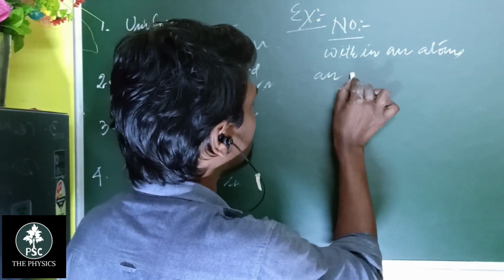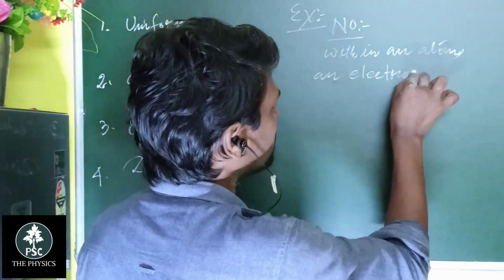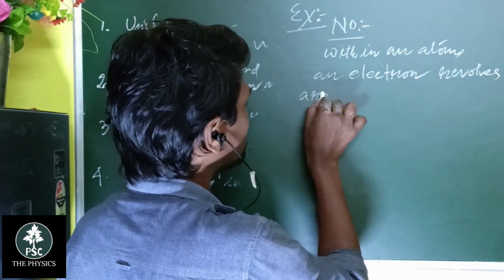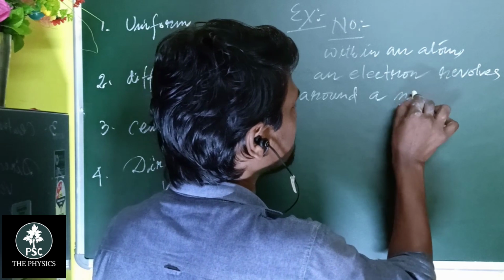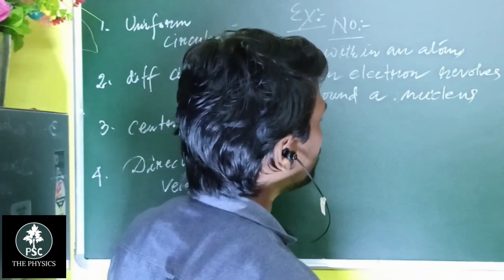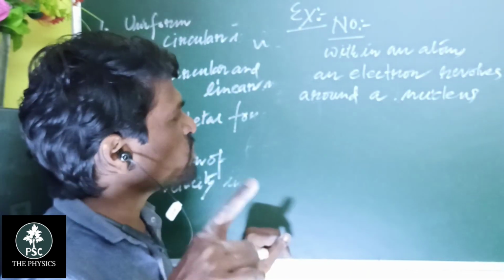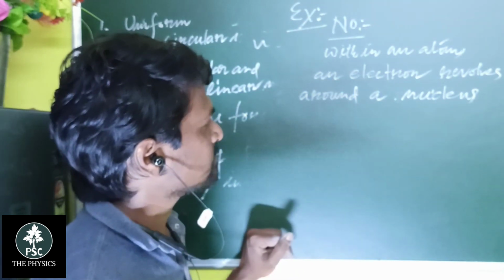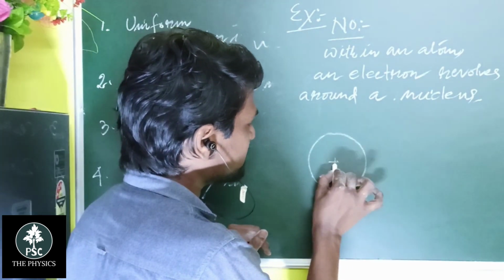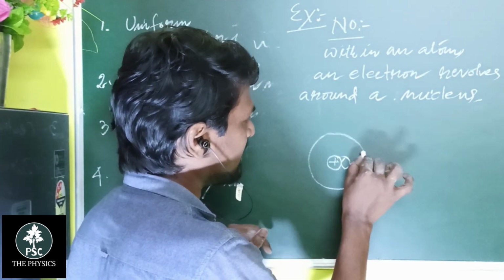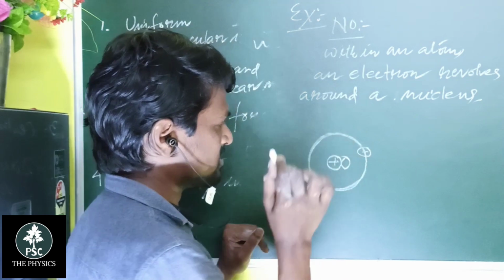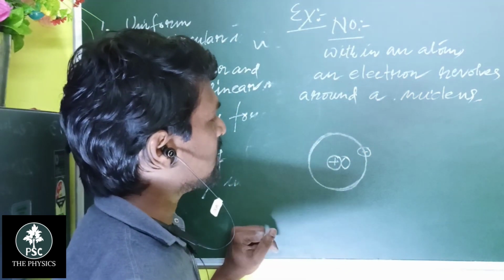So if we consider this is a proton and this is a neutron and this is an electron, this electron revolves with a constant speed around the nucleus. So this is an example of circular motion.